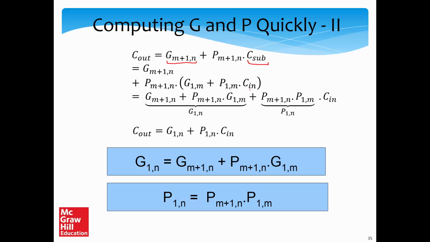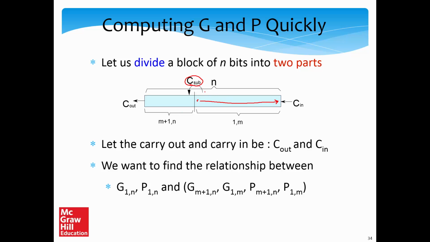By doing a little bit of algebra and rearranging the terms, what we see is that the generate function from 1 to n will essentially be the generate function of the last n minus m bits, or the propagate function's value for the last n minus m bits and the generate function of the first 1 to m bits, which means that either the first 1 to m bits is generating a carry and the carry is being propagated through the n minus m bits, or the n minus m bits are generating a carry and the carry is being reflected in the carry out.